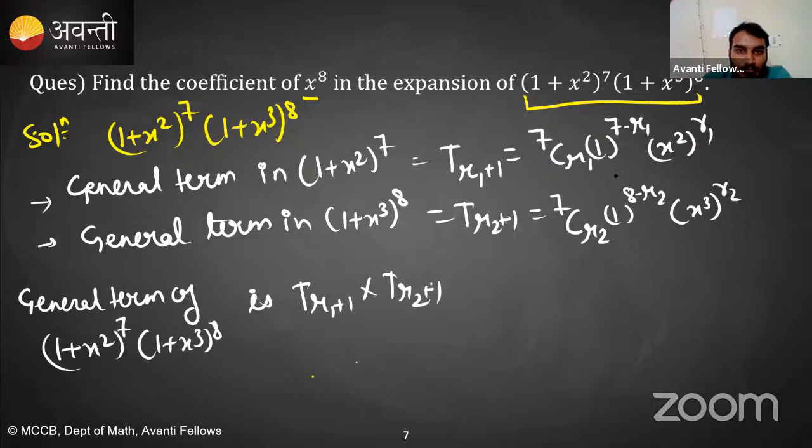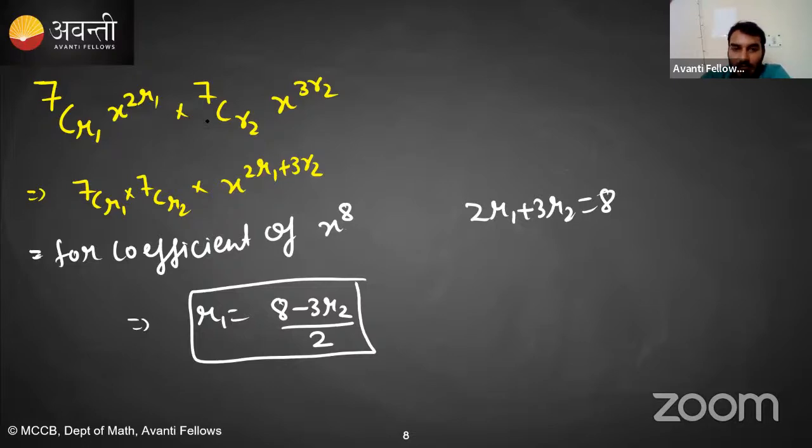Now the general term for this expression is nothing but multiplying this term and this term. Multiply these two brackets.